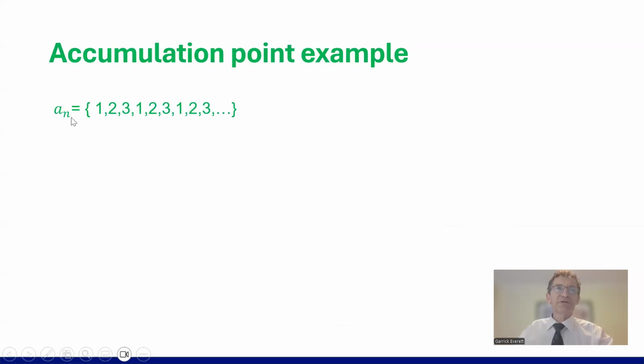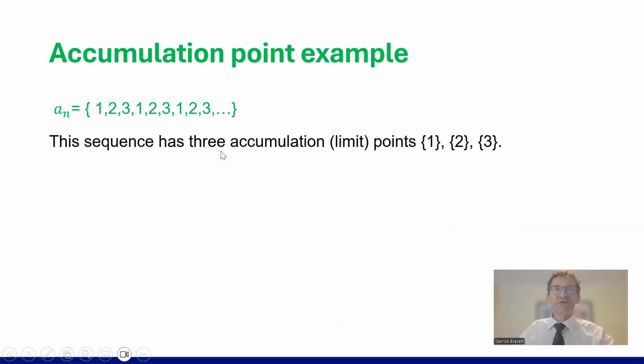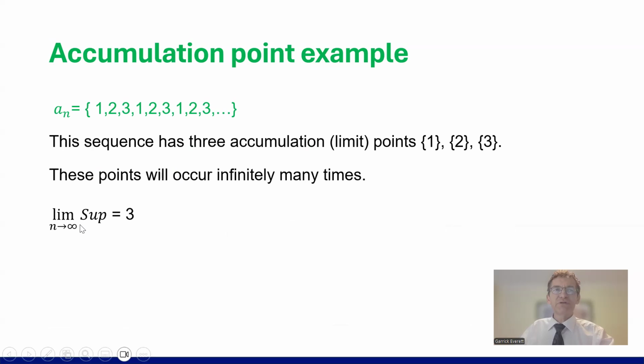So here we go. Here is a set 1, 2, 3, 1, 2, 3, 1, 2, 3, and it just keeps going. This sequence has 3 accumulation or limit points, 1, 2, and 3, which are pretty obvious. These points will occur infinitely many times. So what is lim sup? The supremum, it's 3.